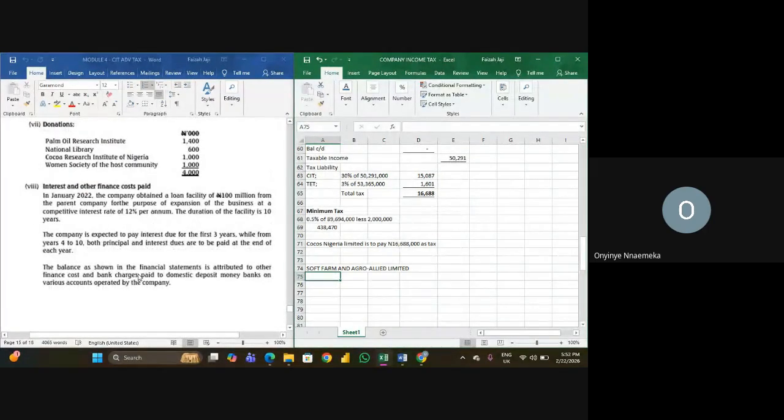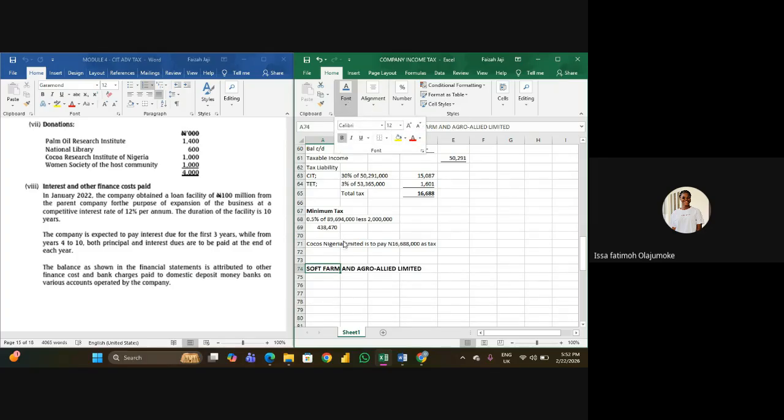So, what do you think we need this information for? Now we'll compare the interest paid with 30% of the EBITDA.